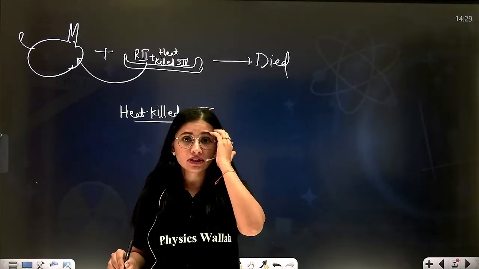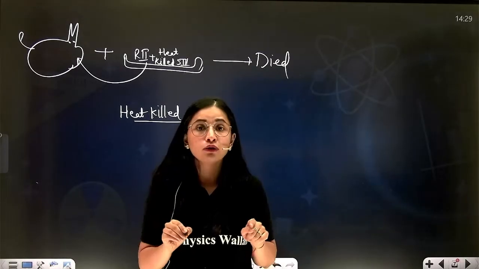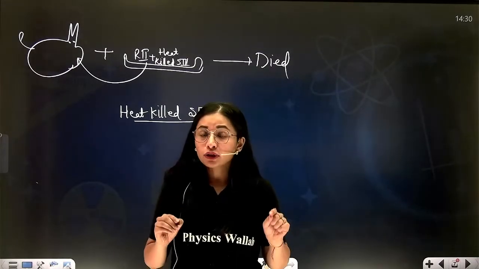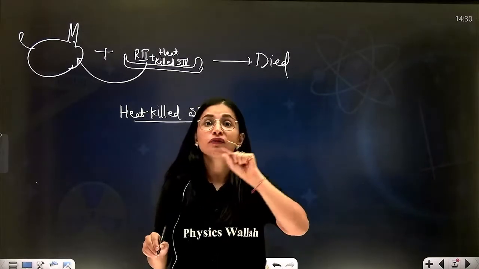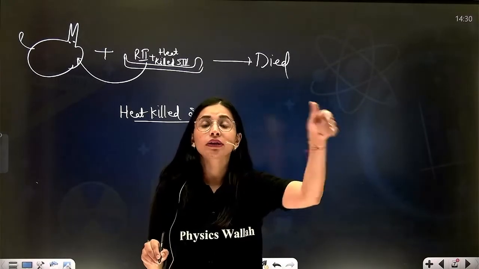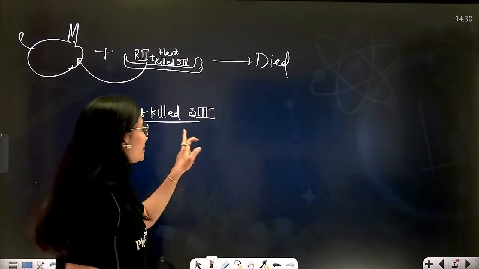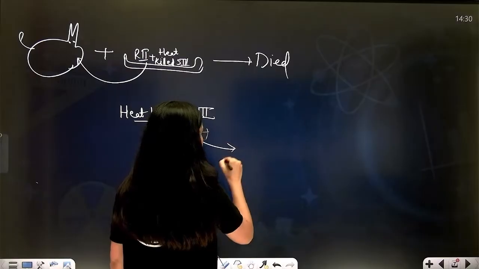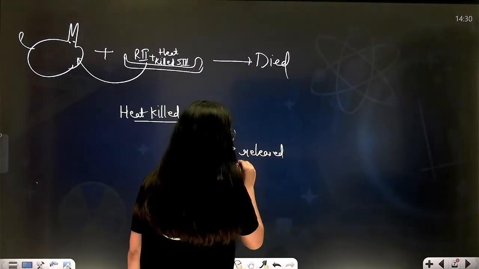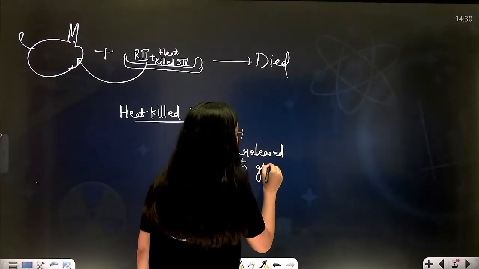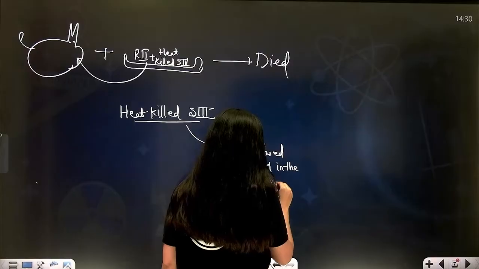Heat killed S3 strain, you have just denatured the capsule. You have just removed the outer proteinaceous cover. But you have not removed the genetic material which is responsible for synthesizing the same protein again. Correct? So what happens now? This heat killed S3 strain releases its genetic material in the medium in which you have cultured the bacteria.